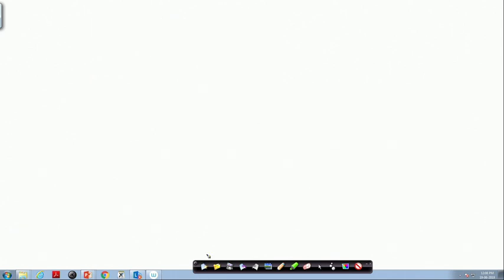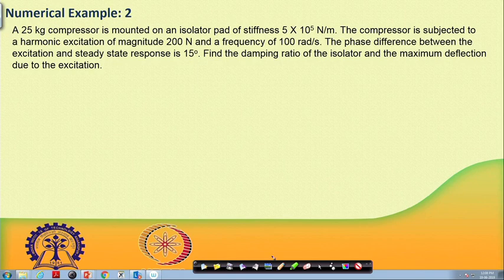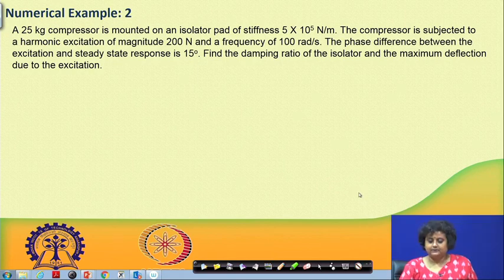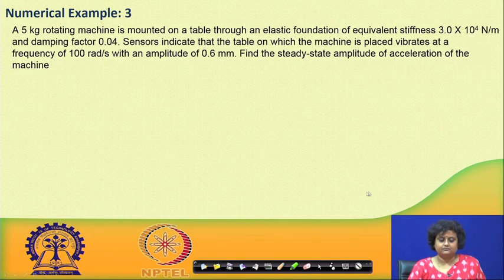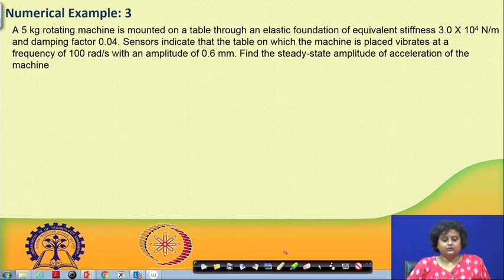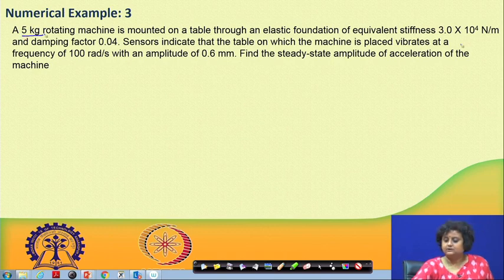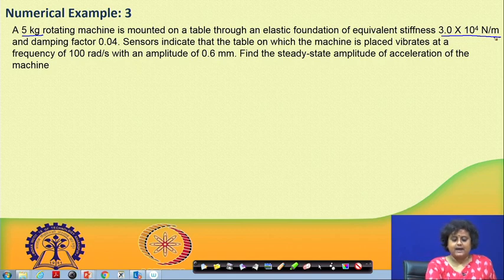So, let me go back to the next problem. So, here the problem states that there is a rotating machine which has a mass of 5 kg, and it is placed on an elastic foundation which has an equivalent stiffness of 3 into 10 to the power 4, with a damping factor of 0.04.